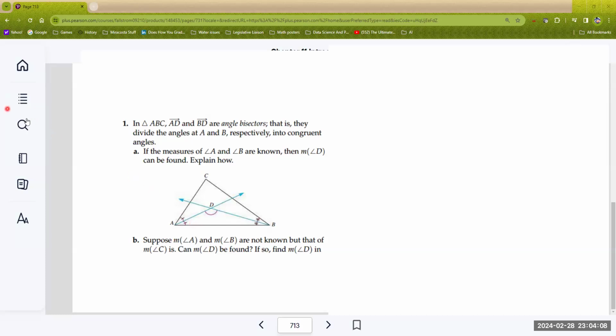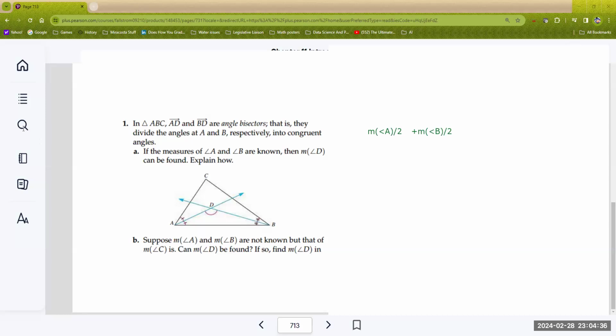So really, what you'd end up with is something like the measure of angle A divided by 2, right? That's what this smaller one is. And then we'd add the measure of angle B, but divided by 2.